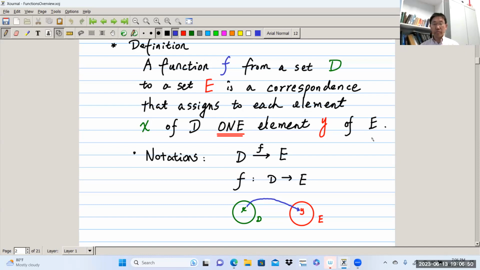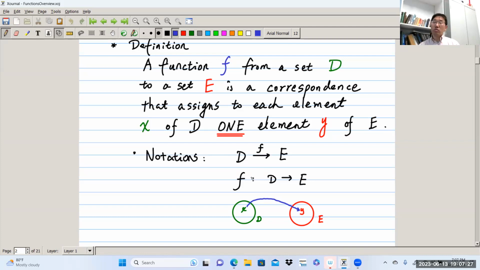Sometimes we can denote this correspondence in this manner: D, we put an arrow with f on top, and then E. So f is my machine, and this f maps each element in this collection D to an element in this collection, this set E. That's one notation for a mathematical function.